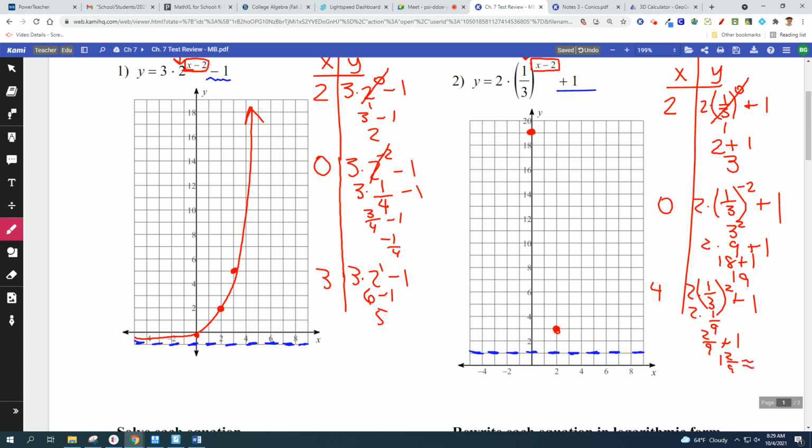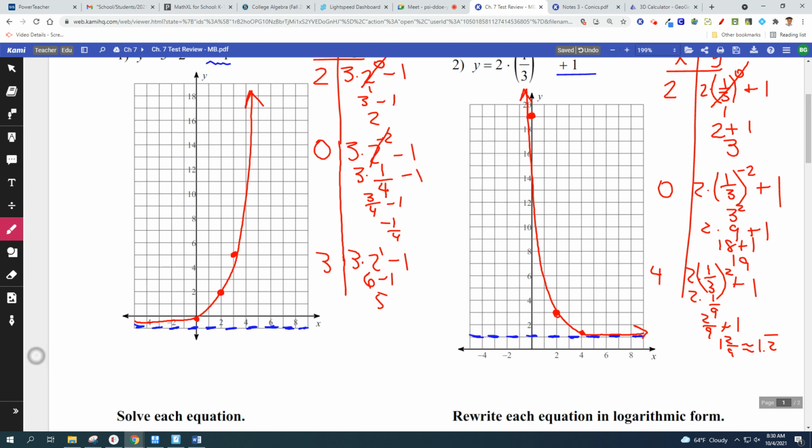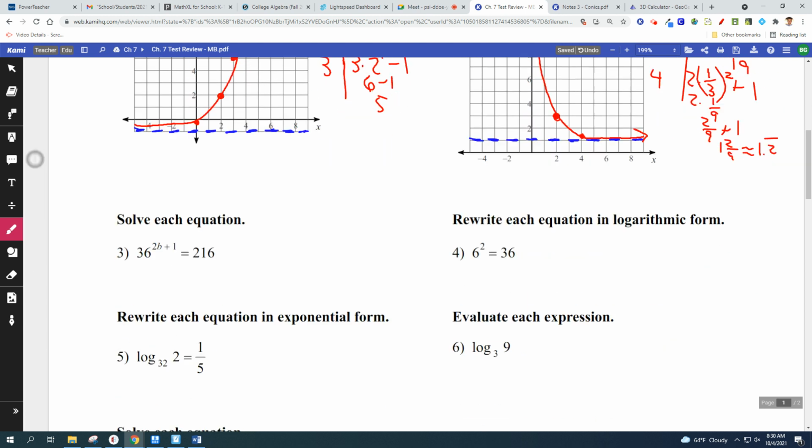Or I guess if you use a calculator, that's about 1.2 repeating, I think. 1.2. So 4 comma 1.2 is going to be down in there. And again, I think our graph is looking pretty good. Keep it flat to the asymptote and then curve it up through those points. That's decent. Okay.